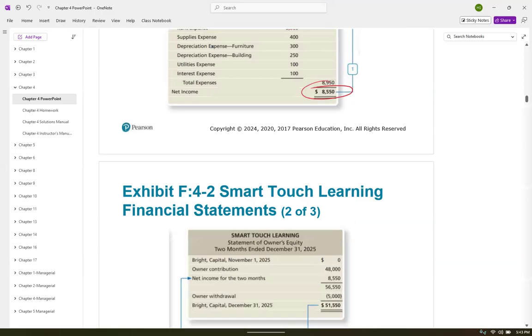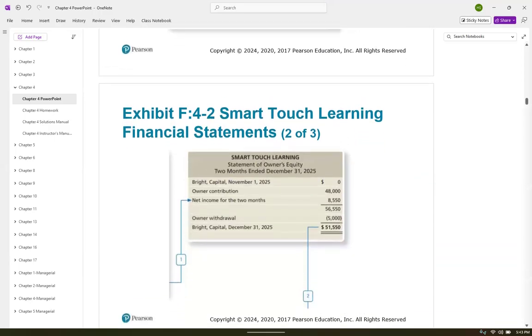Okay, we're going to get to the owner's equity. This was a brand new business, so that's why this number is 0. In the next period, this is the ending. It will be the beginning in the next period. Okay. Notice the heading, name of the company, name of the statement, and then it's dated exactly like the income statement. Because again, it's looking at November 1st through December 31st.